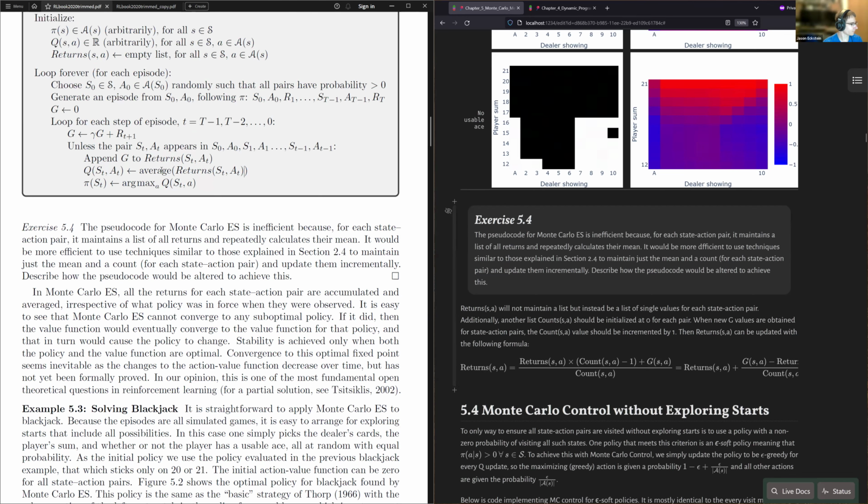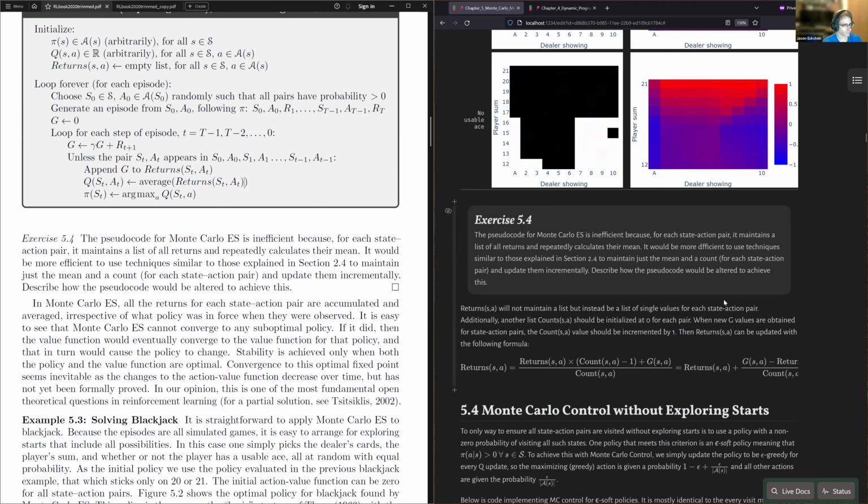Then we don't have to maintain a list of all of the returns for every state action pair, but we do need to maintain the count. So we have the Q estimate, and we also have the count for every state action pair visited.